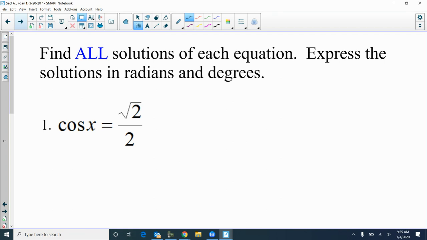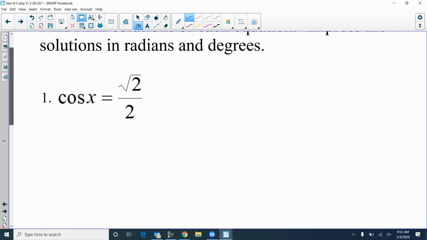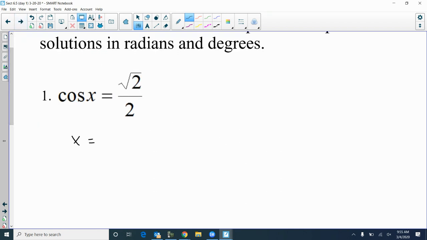But we get two distinct sets of answers. So here's how we're going to write it. X equals 45 degrees plus 360n. So we're just going to add multiples of 360. And 315 plus 360n.